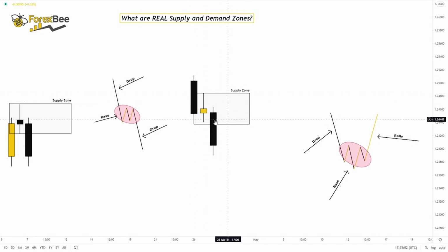This zone is also a supply zone because there is one big candle, then a base candle, and then again one big candle, so the base candle is sandwiched between two big candles. This supply zone is drop, base, drop.